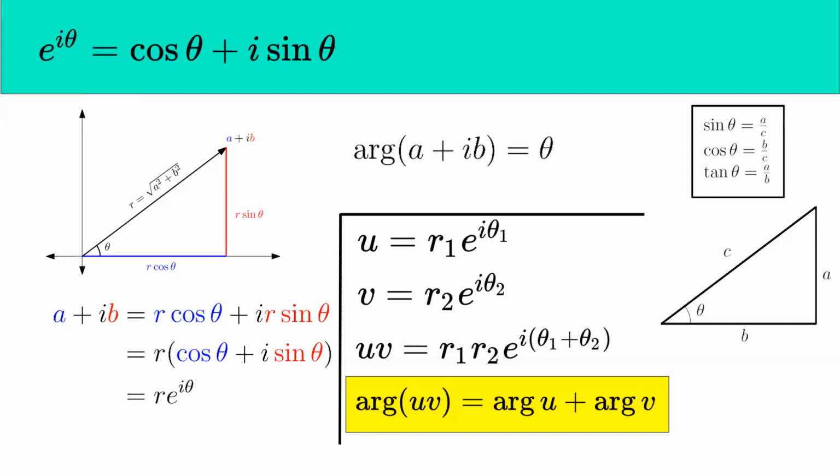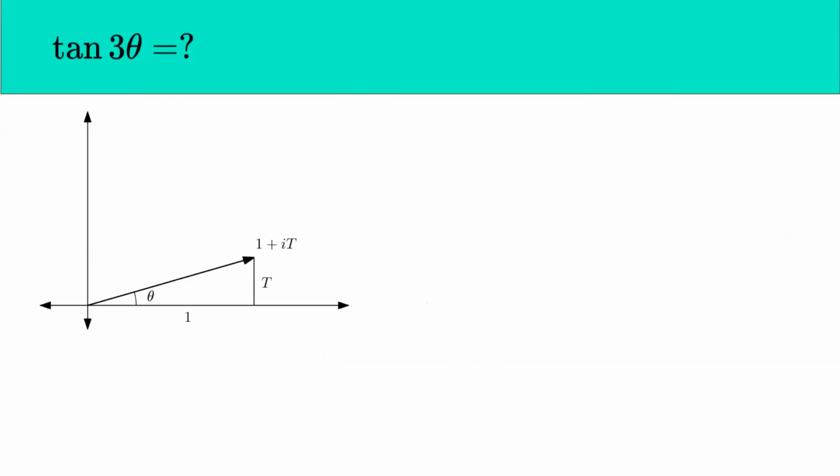We will use this observation to find the formula for tangent of 3 theta. Consider the below diagram. Using trigonometric ratios, it is clear that tangent of theta is equal to t over 1, which is just t. This is an important observation. We will use the same trick in the next problem.